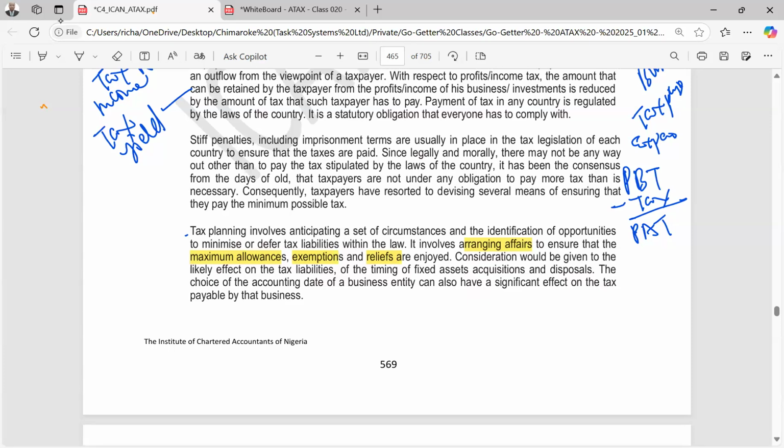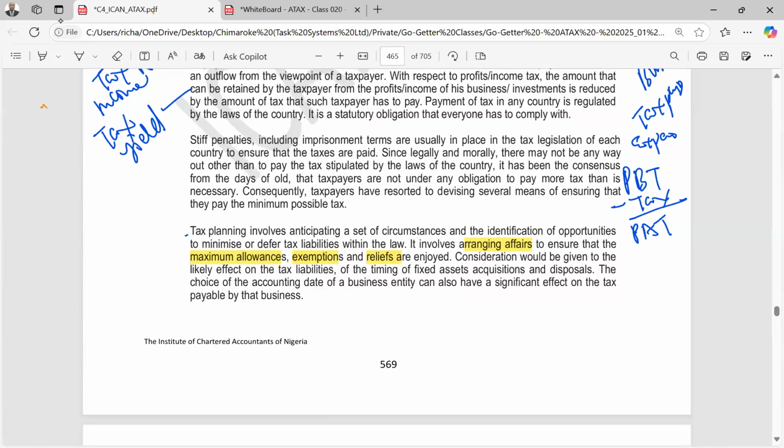When we are considering the old tax regime, there are some accounting dates you will choose so that the first 3 years will be using one period. We have solved a question like that. So when you are choosing your accounting dates, it can have an effect. Even change of accounting date can also have an effect on how much tax you are going to pay.